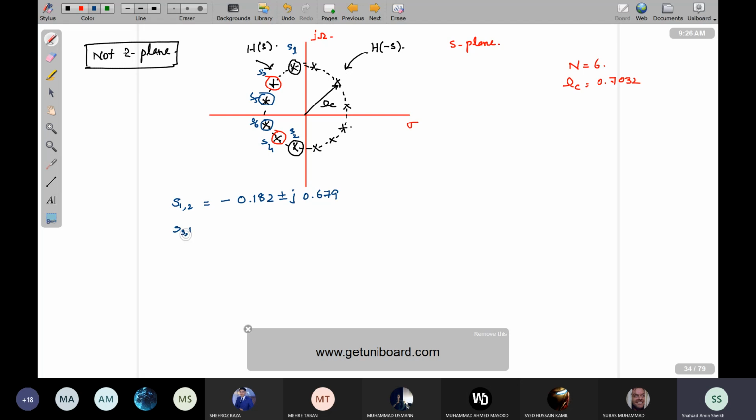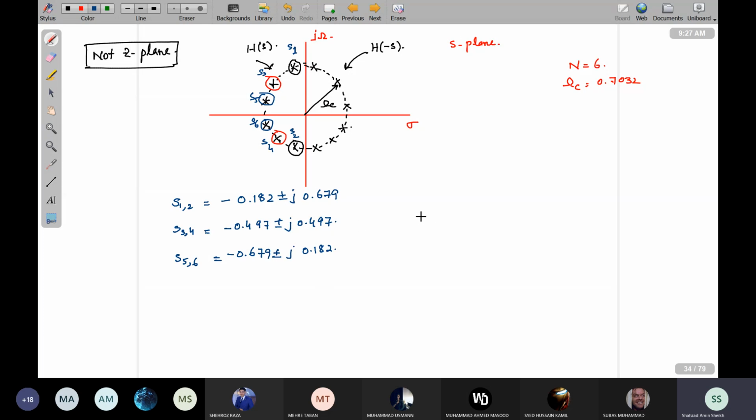Similarly, S3, S4 equals minus 0.497 plus minus J 0.497, just the representation in Cartesian coordinates, and similarly S5, S6 equals minus 0.679 plus minus J 0.182. So these are the locations of my poles.